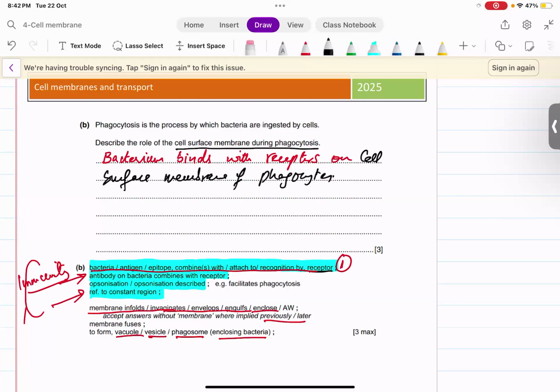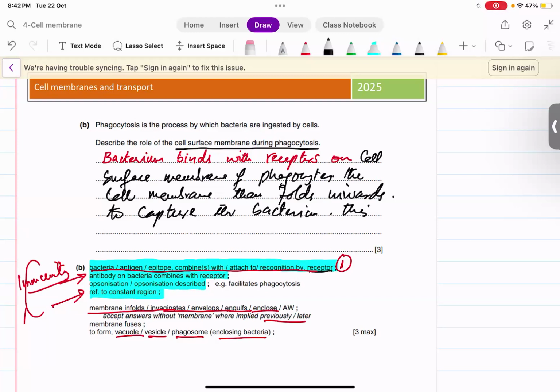The cell membrane then folds inwards to capture the bacterium.